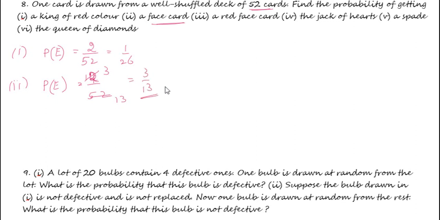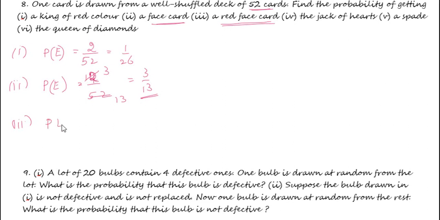This is the probability of getting a face card while you draw from a deck of 52 cards. Third one, a red face card. Red means only diamond and hearts. Total you have 6 face cards in red.